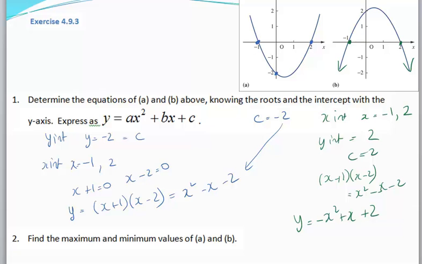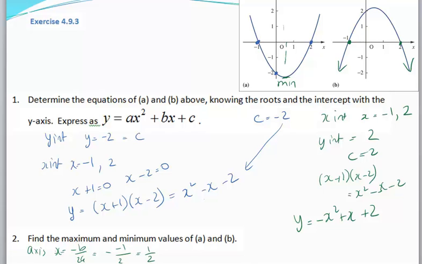So for b, we want to find our maximum and minimum values of a and b. So here we have a minimum here. So our axis of symmetry, x is equal to minus b on 2a. Here our b, we have minus 1 on 2 times 1 is 2. So it's going to be here at a half.